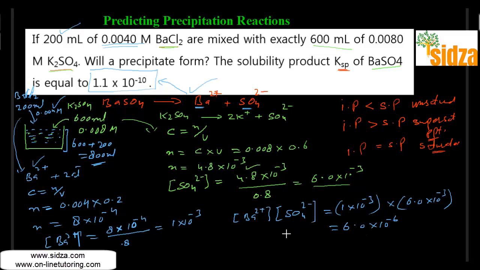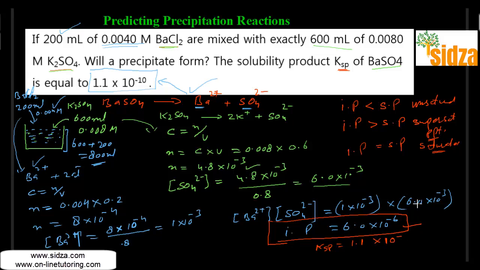This is our ionic product here, the concentration of the barium and the sulfate. When you compare the ionic product of the barium sulfate with the solubility product, you see the solubility product is 1.1 into 10 to the power negative 10.